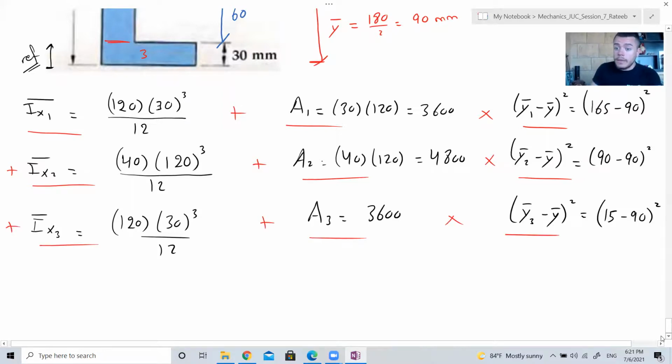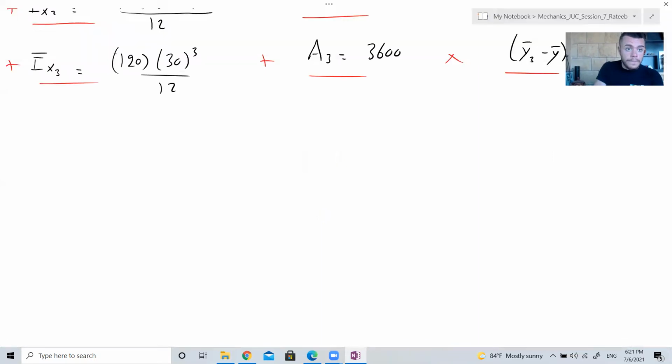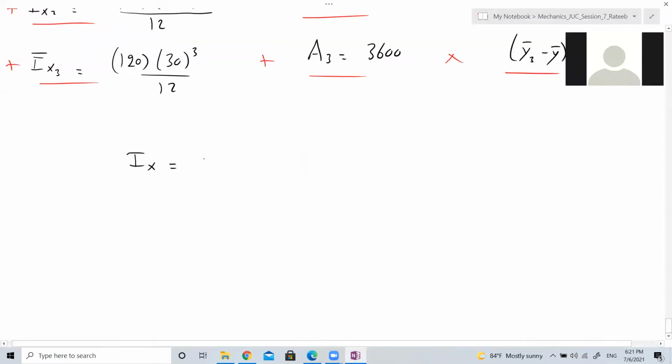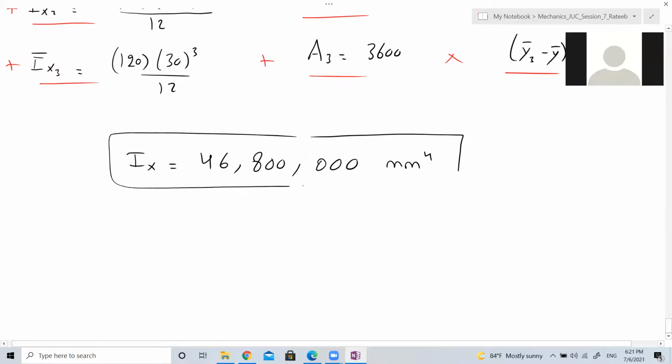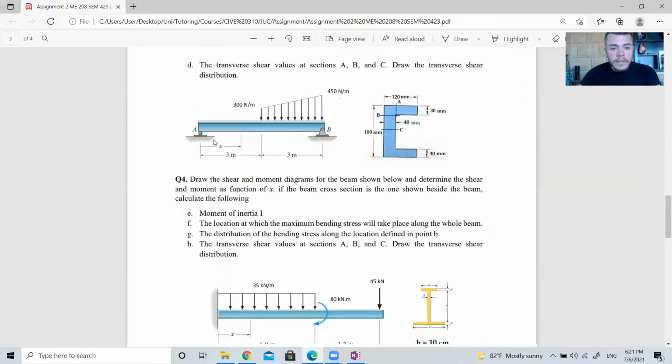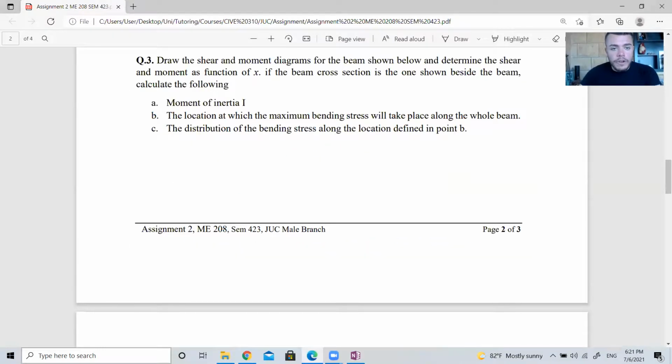So it comes out to 46,800,000 millimeters. What's the units for I? Millimeters to the power 4. So this is the first part: find the moment of inertia.